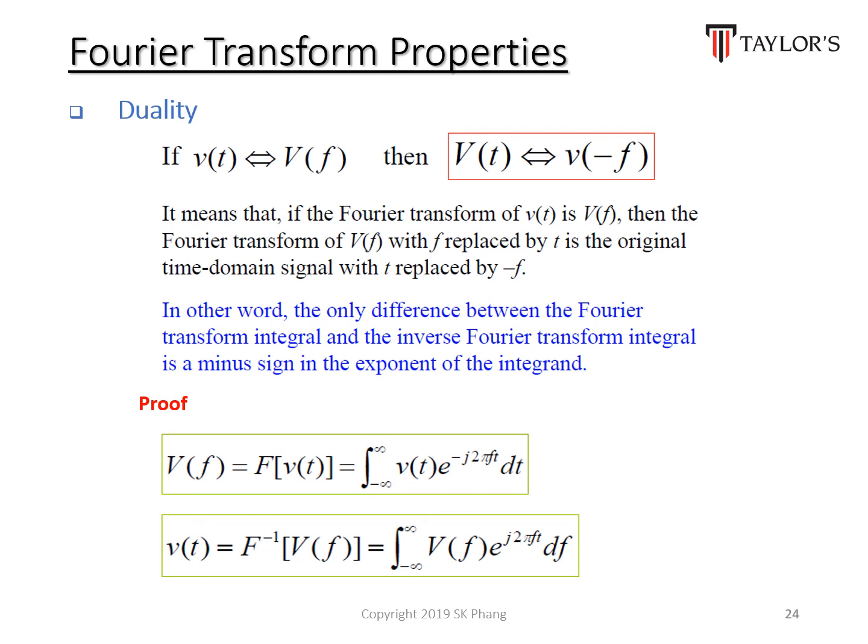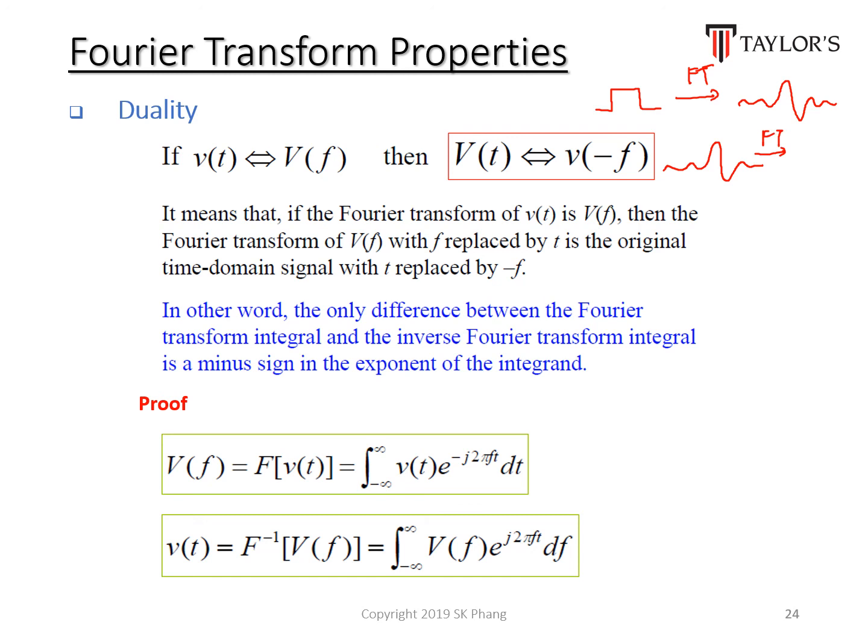Now, if the signals of the time domain and frequency domain are swapped, let me give you an example. Let's say you know that this one will Fourier transform into the sinc signal. You should be very familiar with it now. But what if now in the time domain you are given a sinc signal, and I ask you to transform it to the frequency domain?